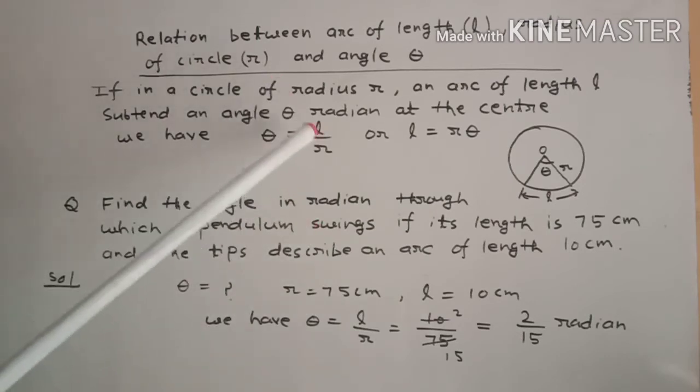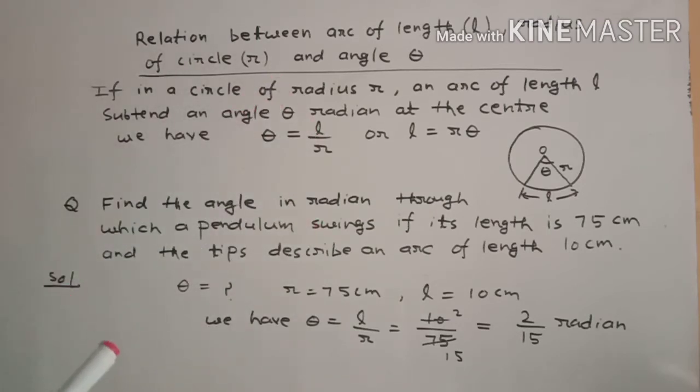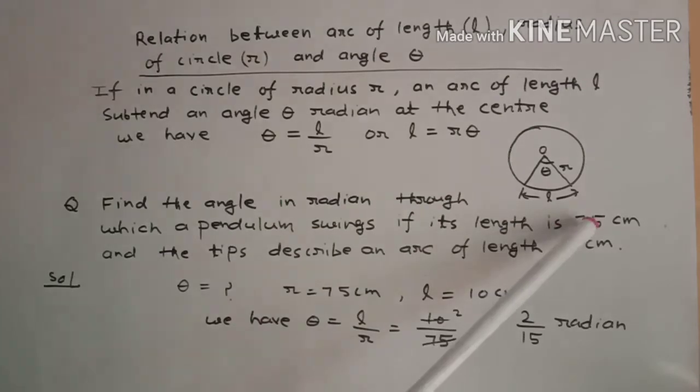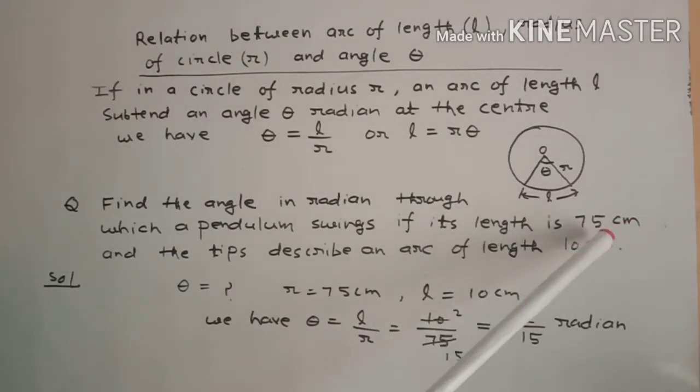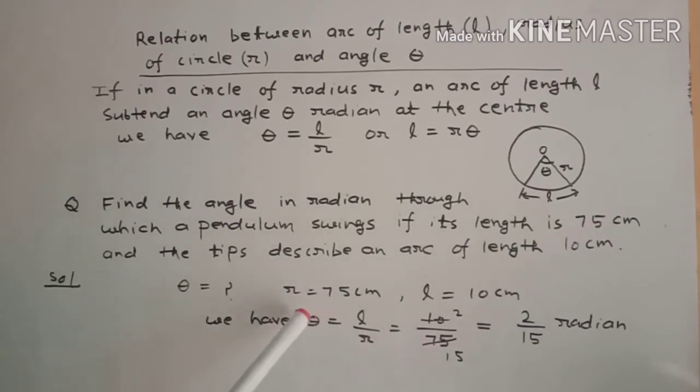We apply this formula in this question: find the angle in radian, that is theta equal to question mark, through which a pendulum swings if its length is 75 centimeter. The pendulum's length, 75 centimeter, will be the radius, so write r equal to 75 centimeter.